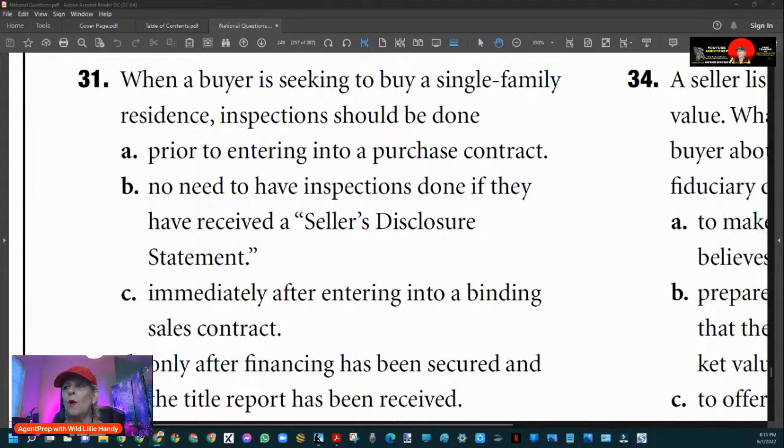Ooh, okay. When is it important to do due diligence? When looking to purchase a property.